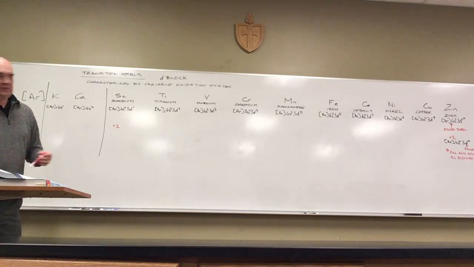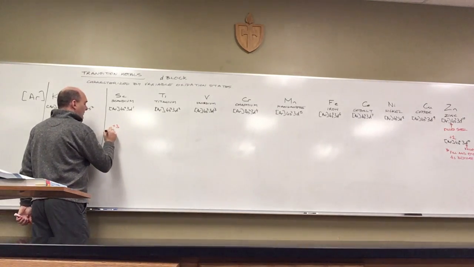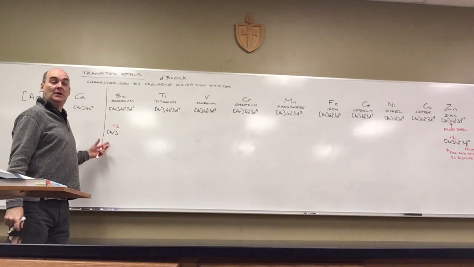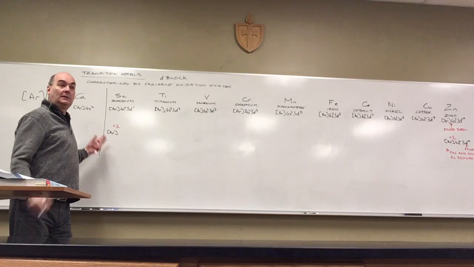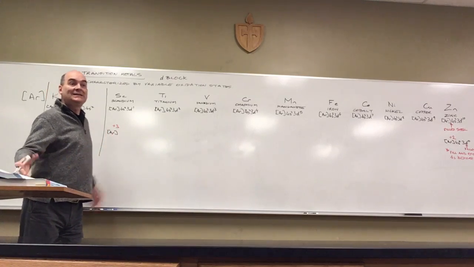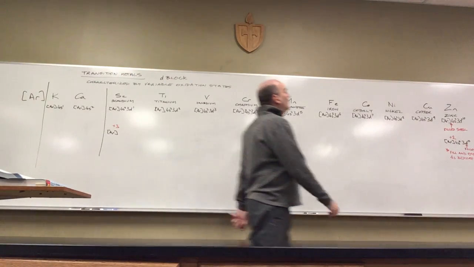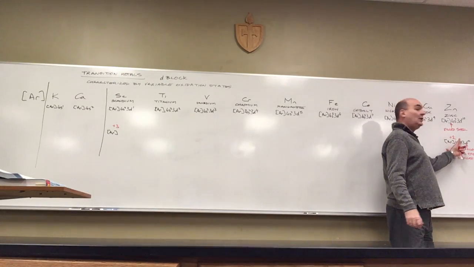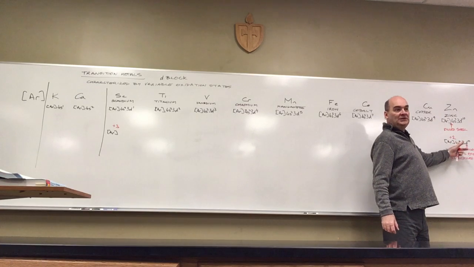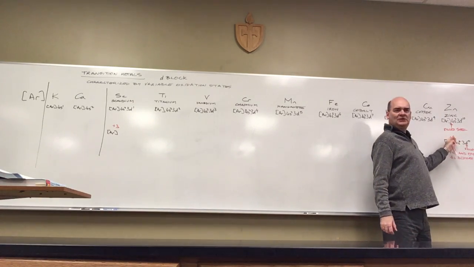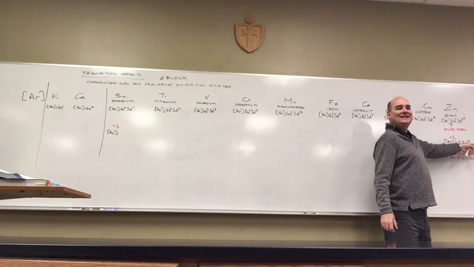And scandium's +3 ion would be a closed shell, which would be argon 4s0 3d0. Now, this notation of putting 4s0 is okay. You don't have to go argon and then just ignore it because it's not there, 3d10.